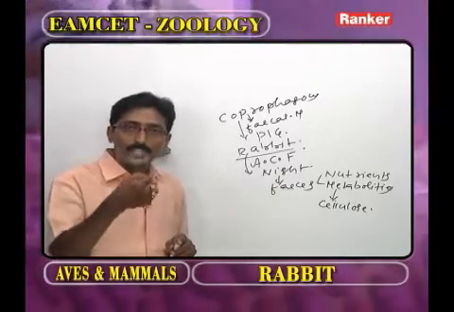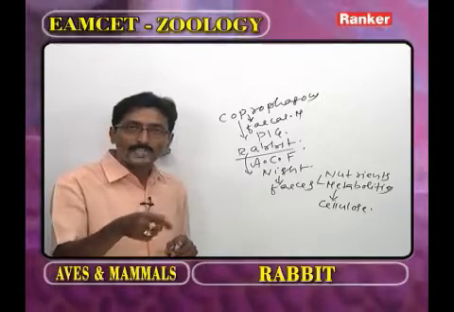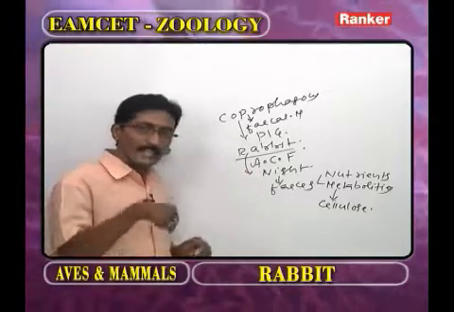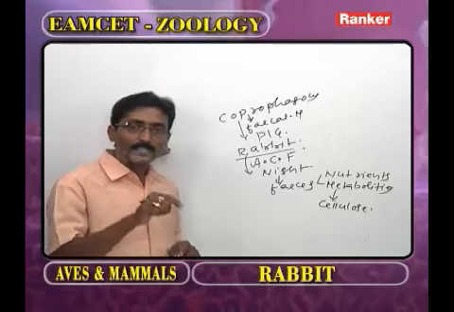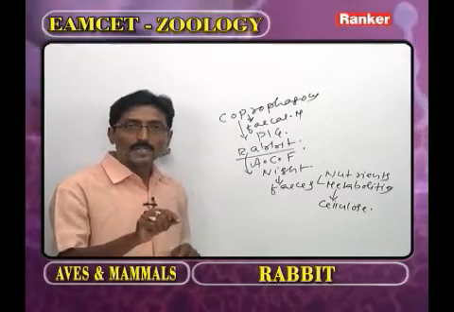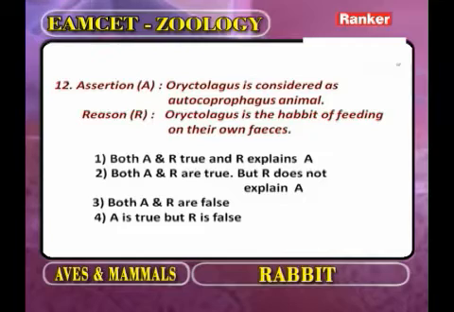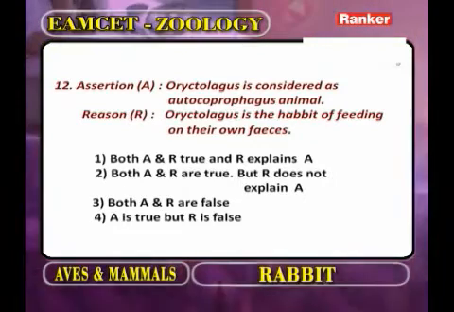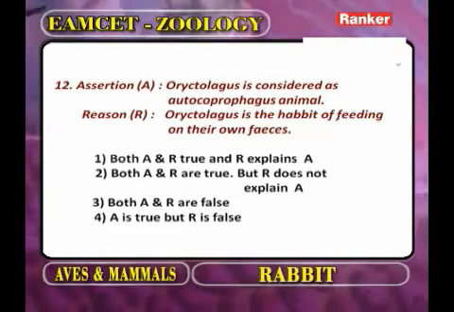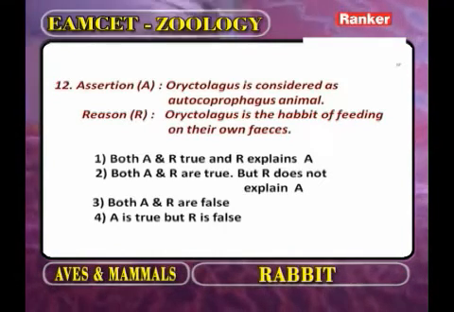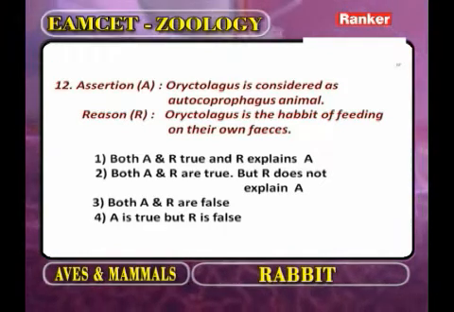As it eats its own fecal matter, it is called autocoprophagous feeder. Now, assertion: rabbit is considered as autocoprophagous animal. It is the habit of feeding on their own feces. So, both are correct and R explains A.